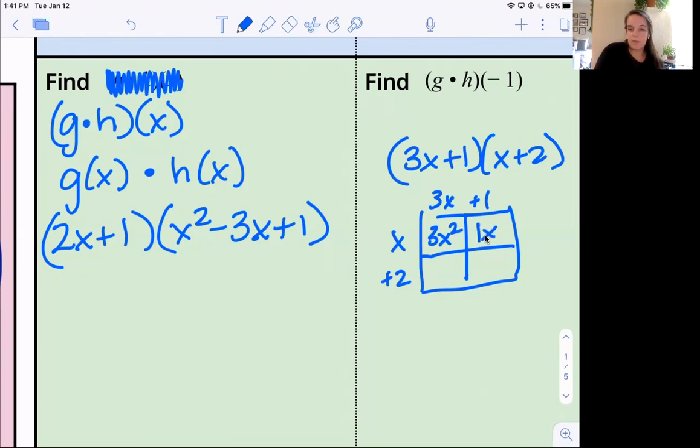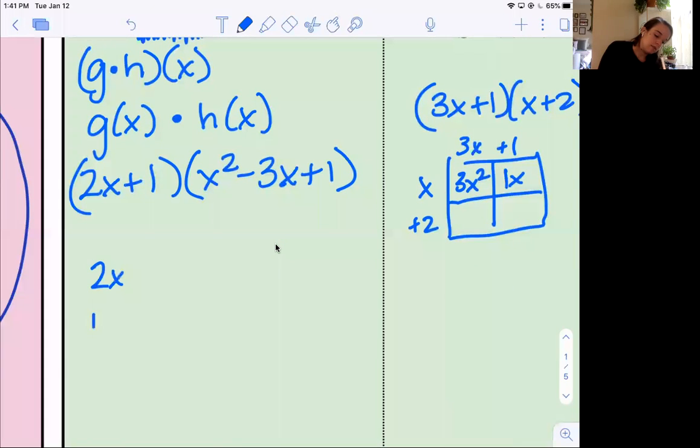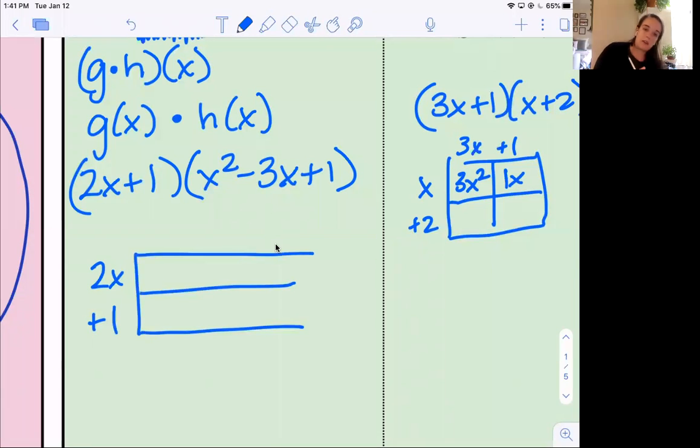We're going to do the exact same thing here, but our box is going to be bigger. It's going to be 2 pieces by 3 pieces. They're called terms. So we would have 2X plus 1, and then we have X squared, negative 3X, and positive 1.